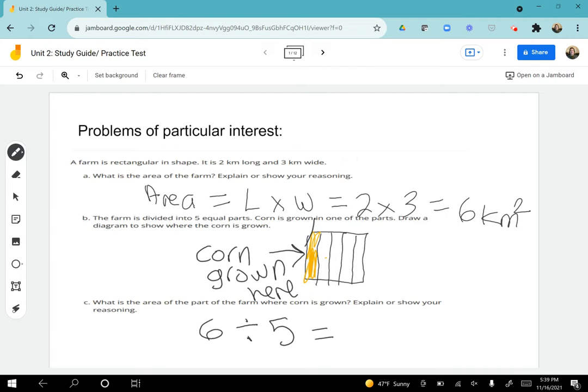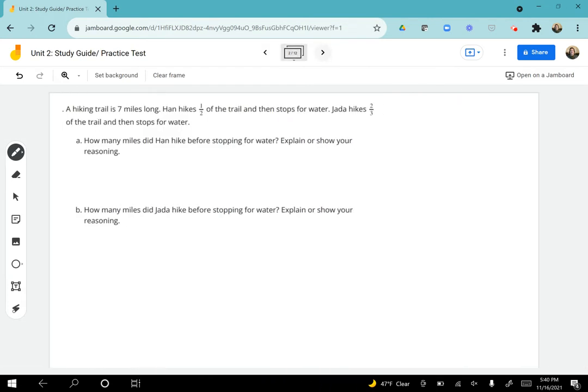And if students remember the relationship between fractions and division problems, then they'll know that 6/5 would be the area of the part where the corn is grown. Or if they wanted to express that amount as a mixed number, they could do that as well. So 1 1/5 square kilometers would be the area of the farm where corn is growing.